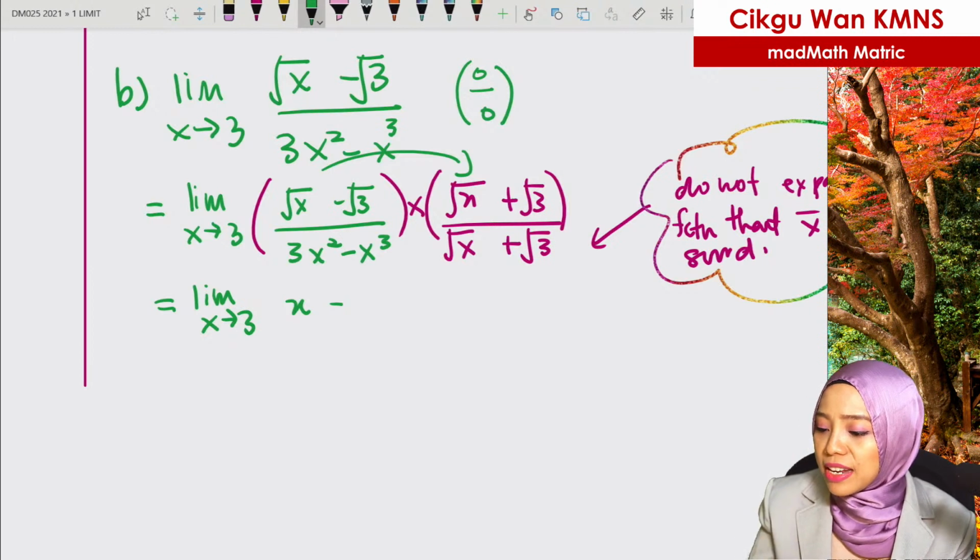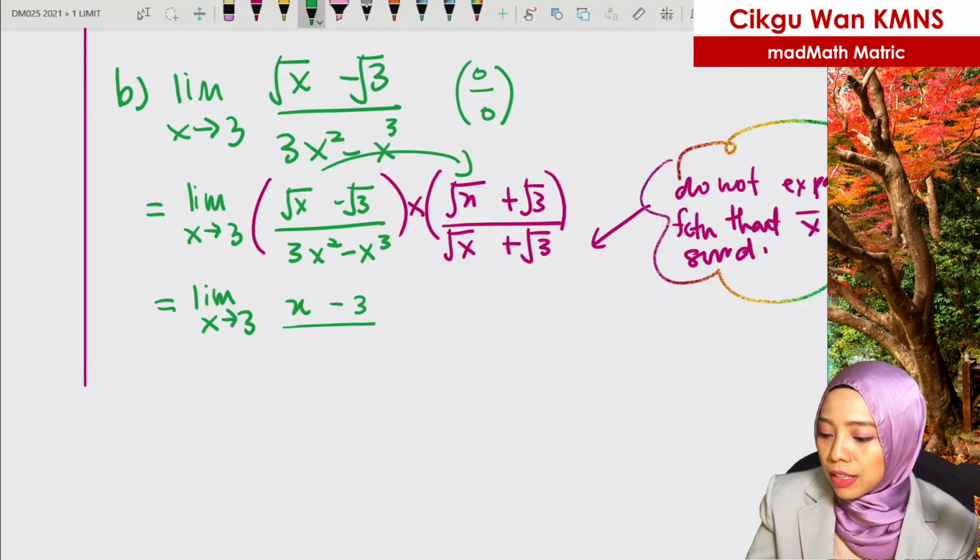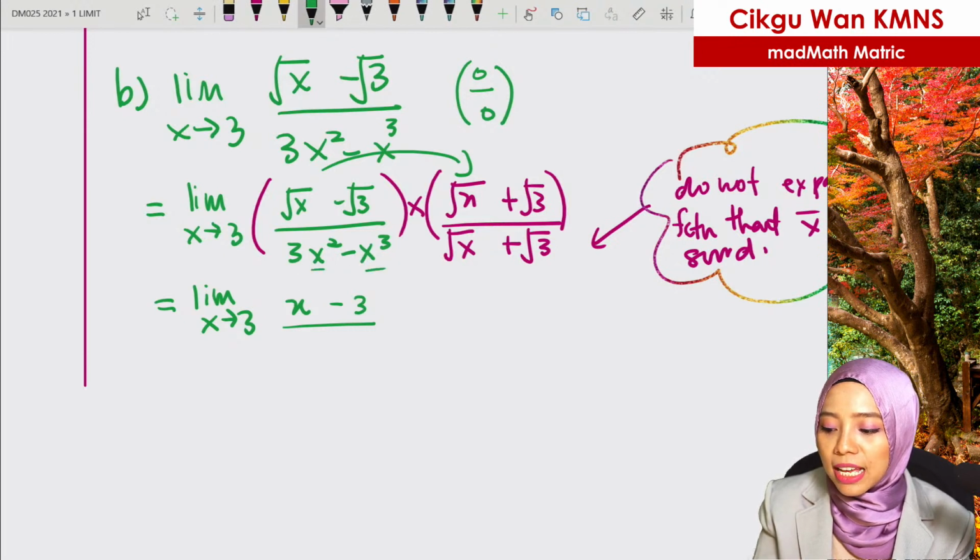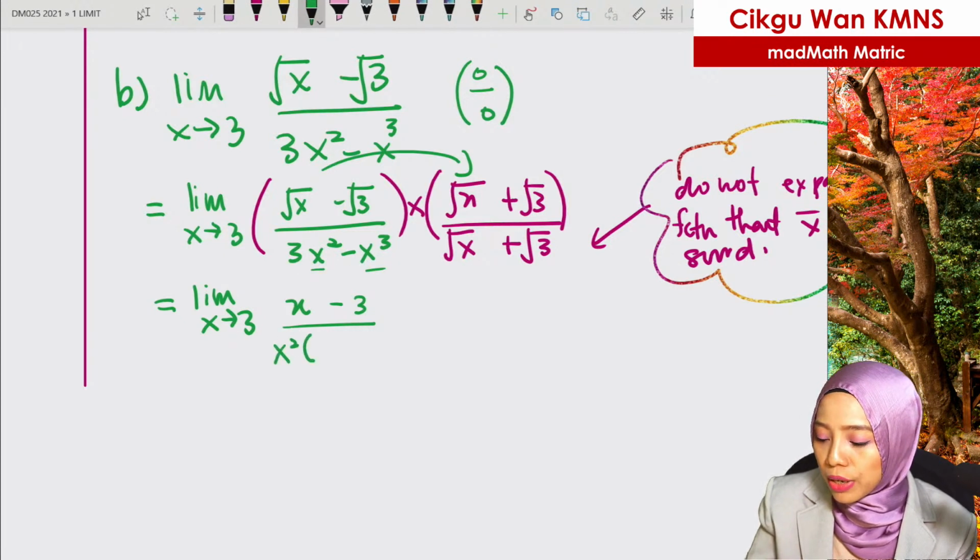Now negative root 3 root 3, 3 over do not expand, but you factor out, sebab ada yang sama. X square, so 3 minus X multiply with root X plus 3.